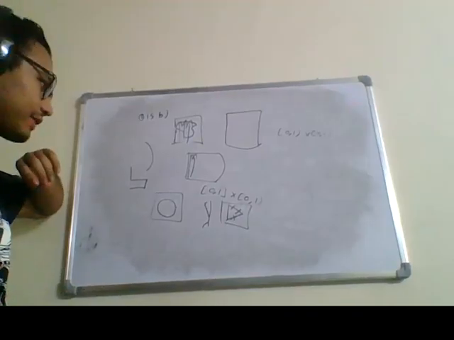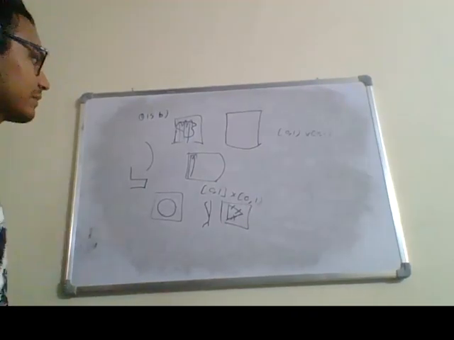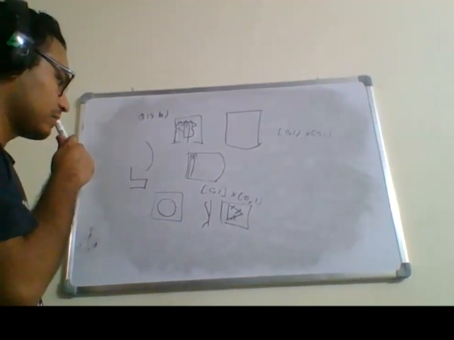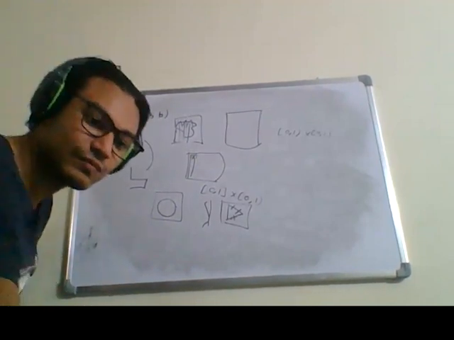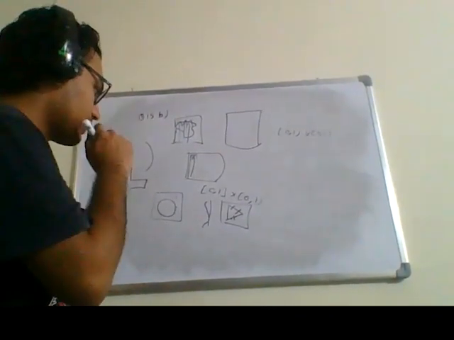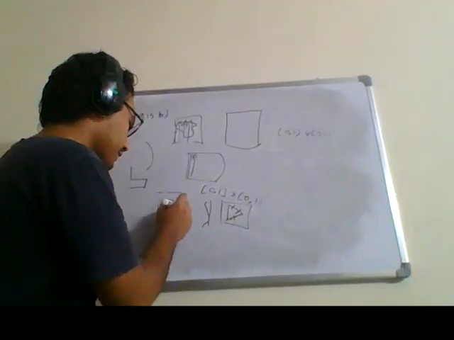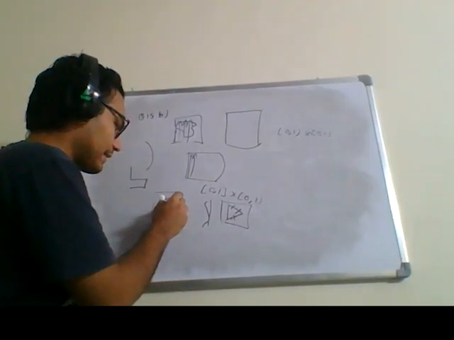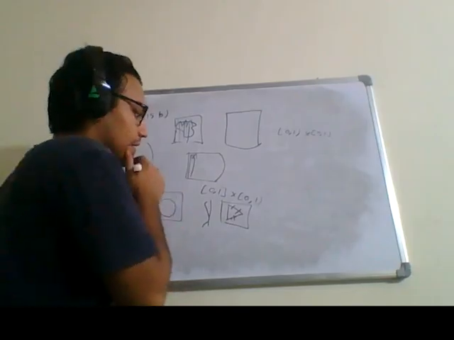Yeah, there are a lot of things to consider. Okay. So the circle is going to have this as the upper bound if it's open, and it's going to have this if it's closed.